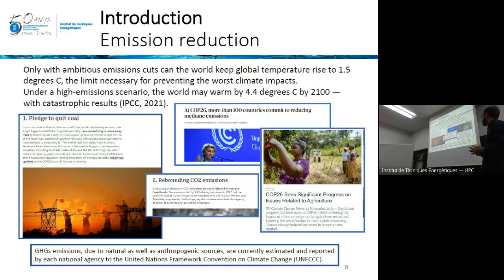So there is a need to understand exactly what the numbers are.